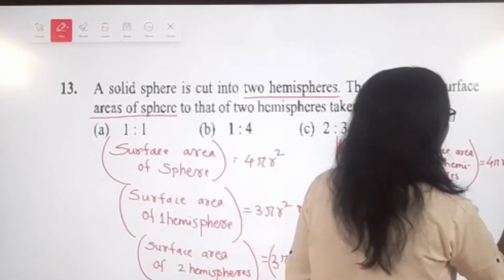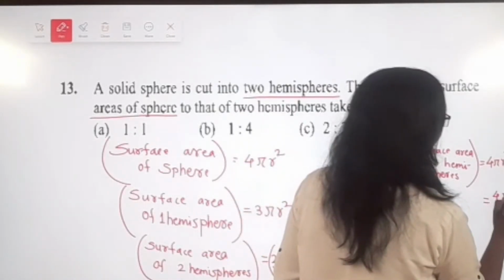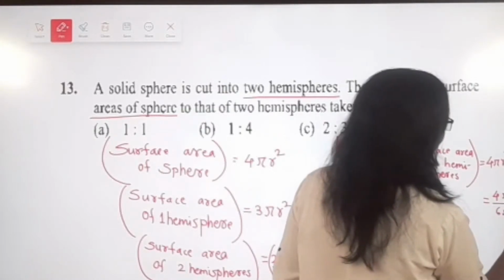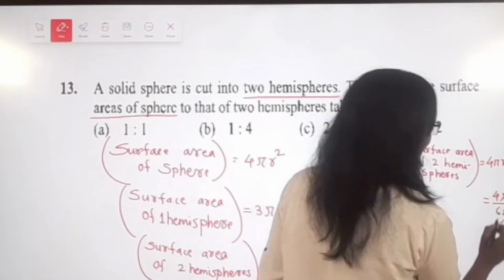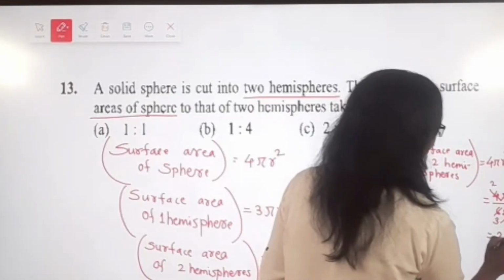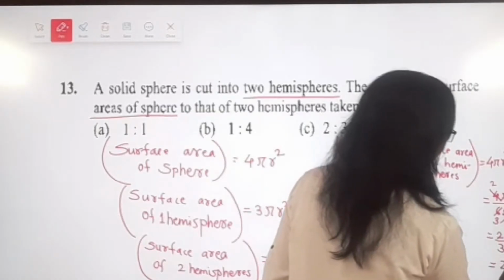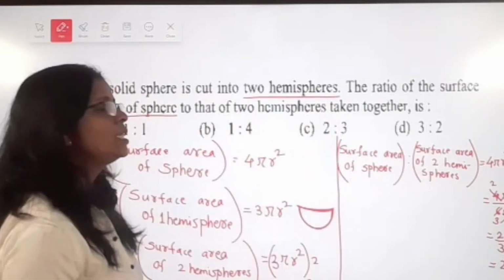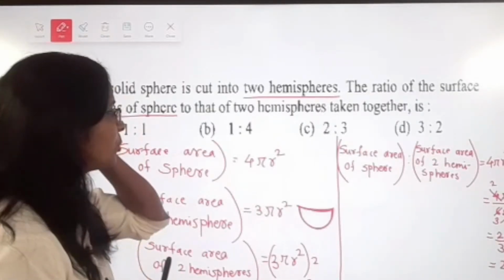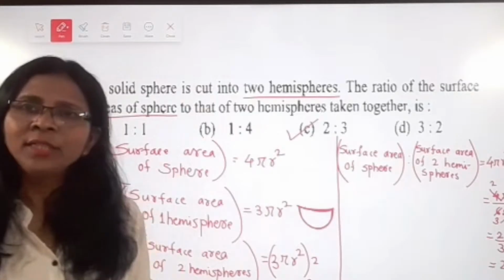So 4 pi r square upon 6 pi r square. Pi r square cancels out, and 2 twos are 4, 2 threes are 6. So 2 upon 3, that means 2 is to 3 is the correct answer. The final answer is option C, 2 is to 3.